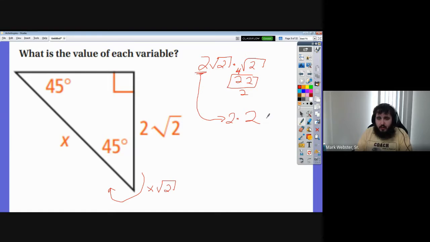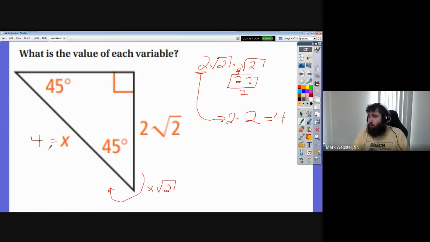This thing out here. So we get 4. 2 times radical 2 times radical 2 again gives us 4, right? Another way to think about it, the radical of something times the same thing. Radical 2 times radical 2 is just 2, right? And then you've got that 2 on the outside. So we're talking about, again, just 2 times 2 is 4.